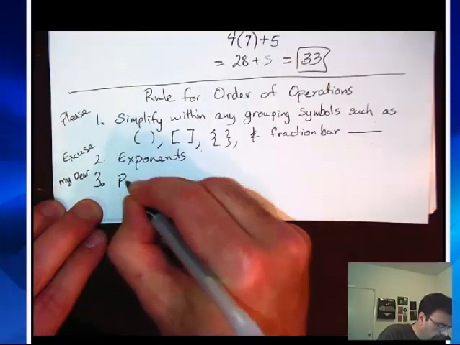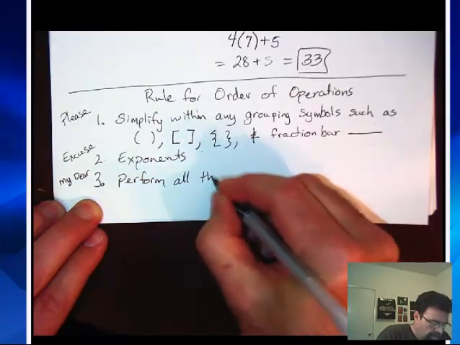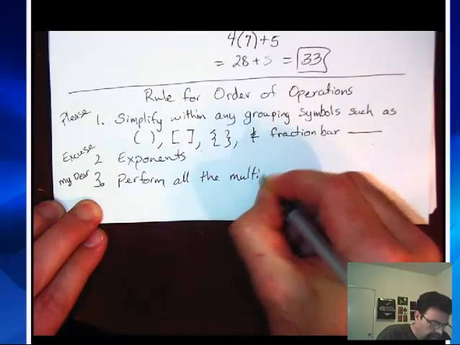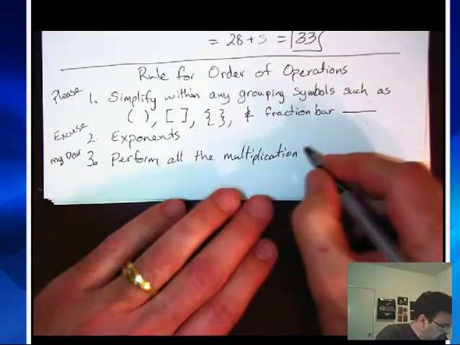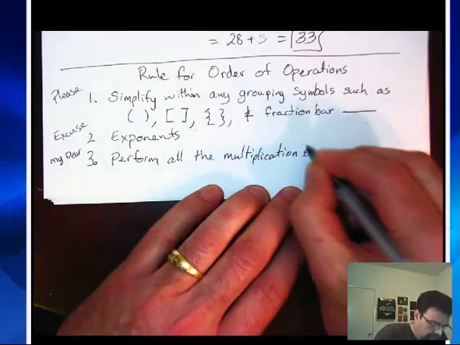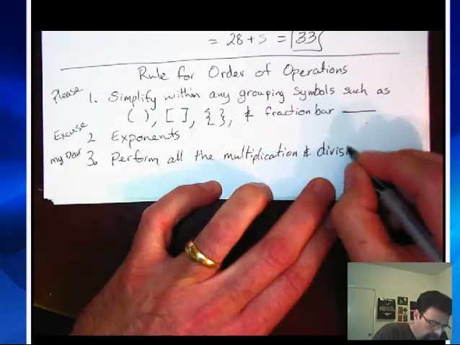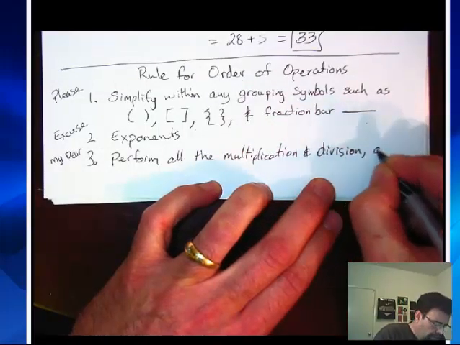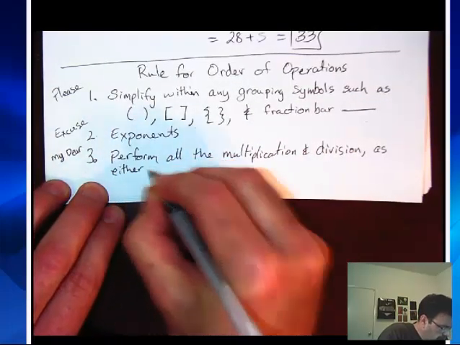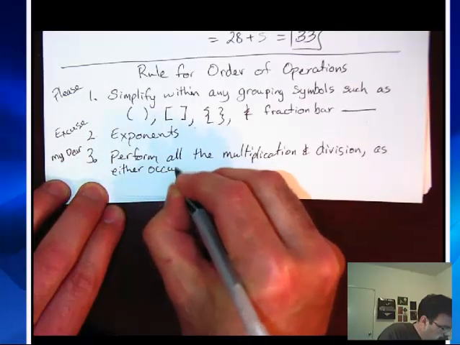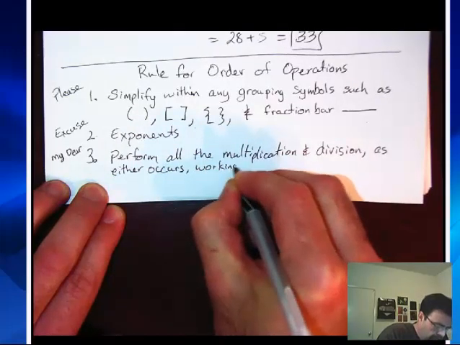So you're going to perform all the multiplication and division as either occurs, working left to right.